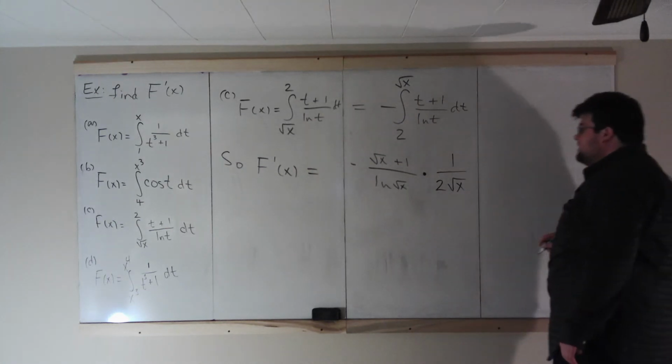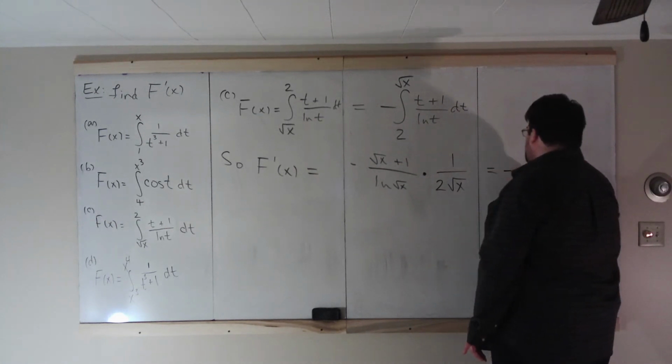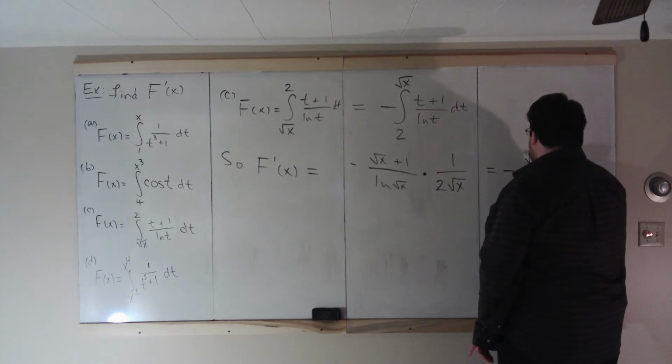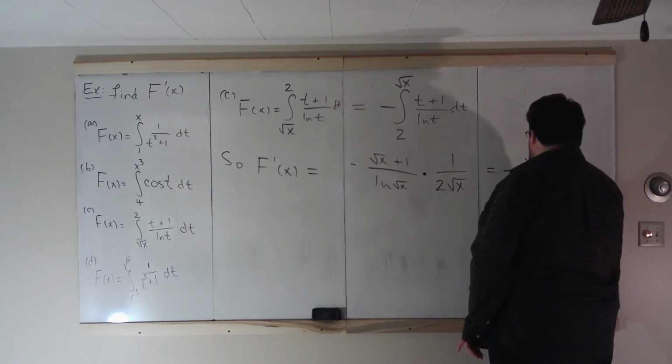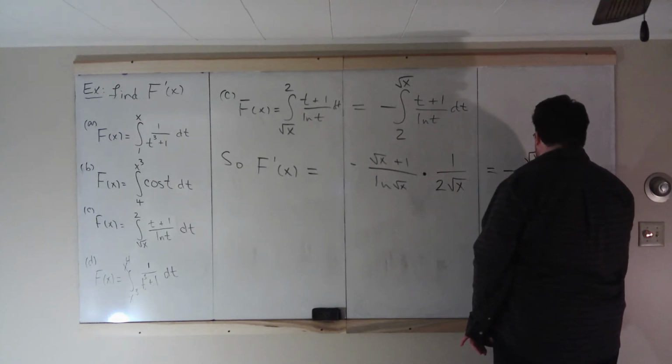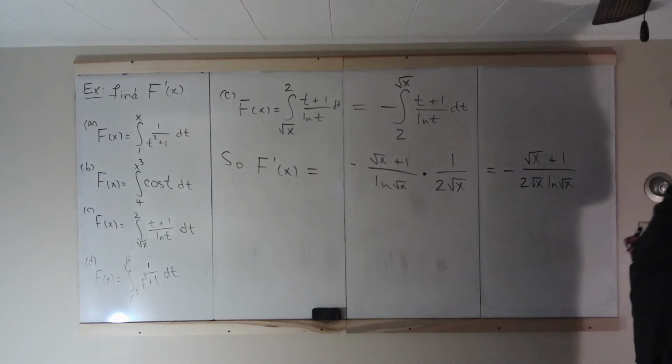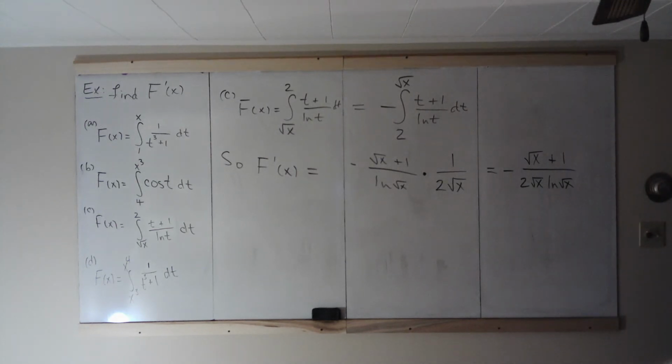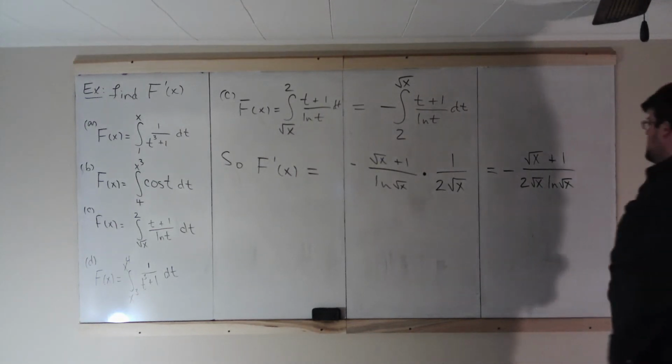And I'm just going to write this as one function equals negative, and you can leave your answer. I am actually going to pull the 1/2 out of that because it looks better if I do.